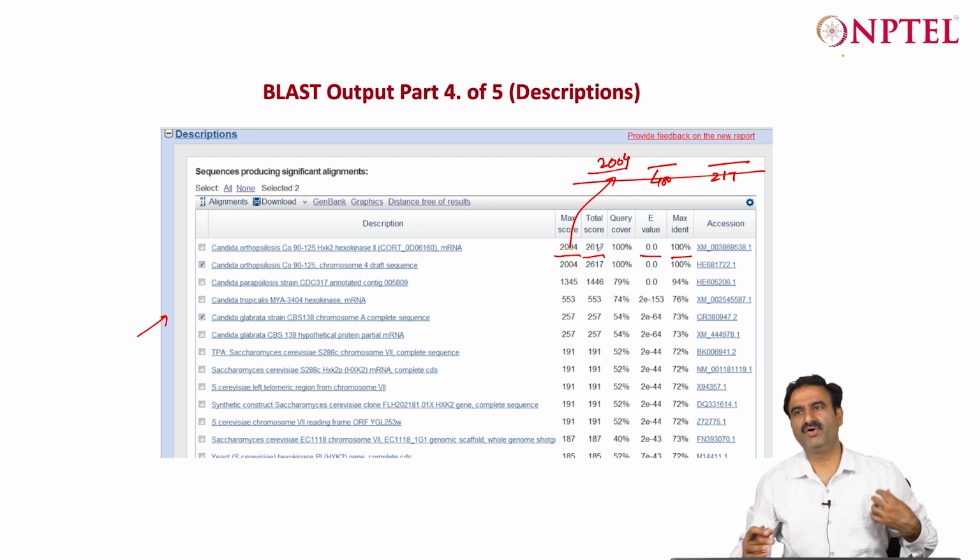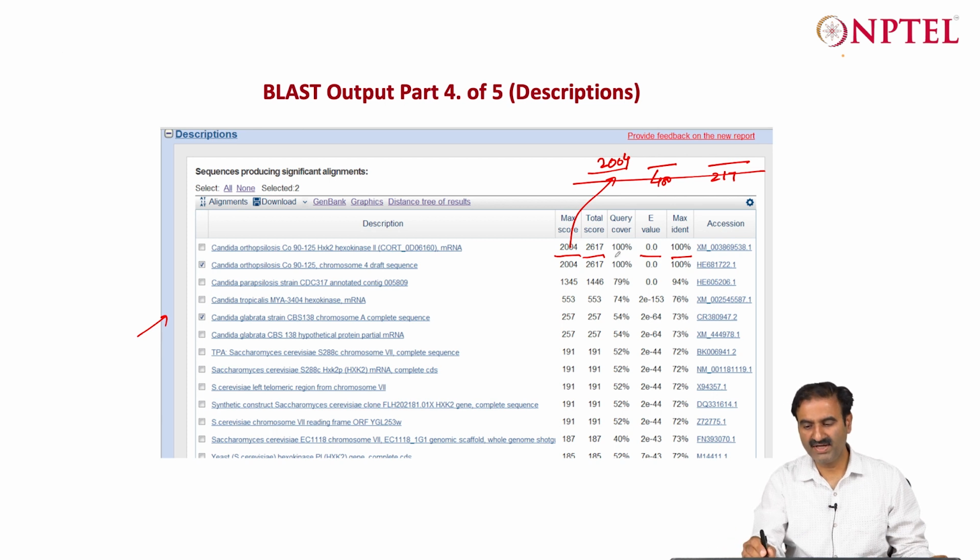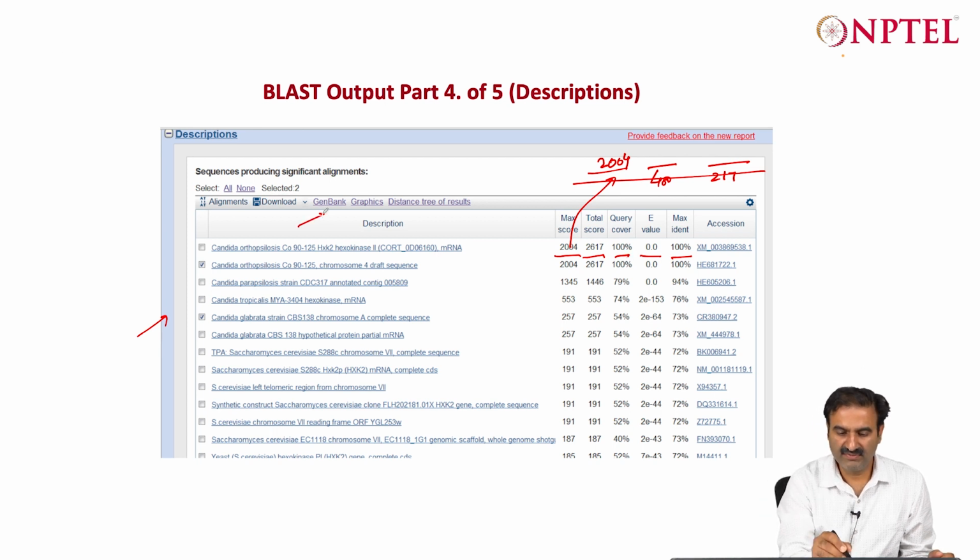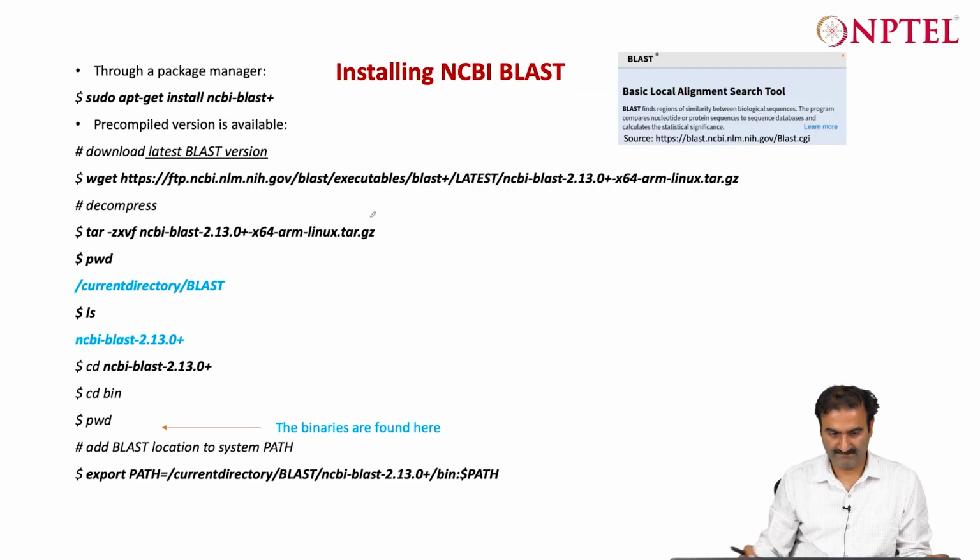So the sum of all the local aligned regions is the total score, and the best matching region is the max score, which is generally what is considered. Query cover is 100%, which means you are able to find it from head to tail. And there are more options to view graphically and make a tree of the genomes of your interest.